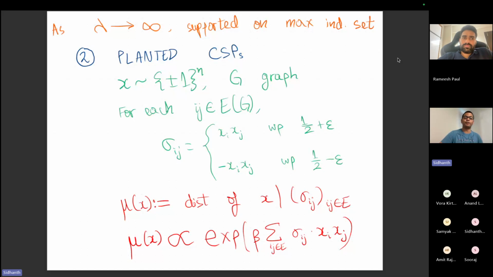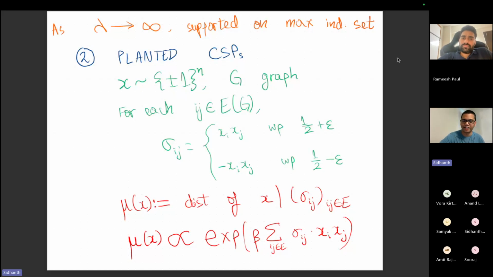Once again, once I give you these measurements, sigma ij, your goal is to recover x, and a natural algorithm to try to recover x is to sample from the posterior of x conditioned on all the sigma ij's. Basically, try to apply Bayes' rule on this distribution, since I told you what the general process is.